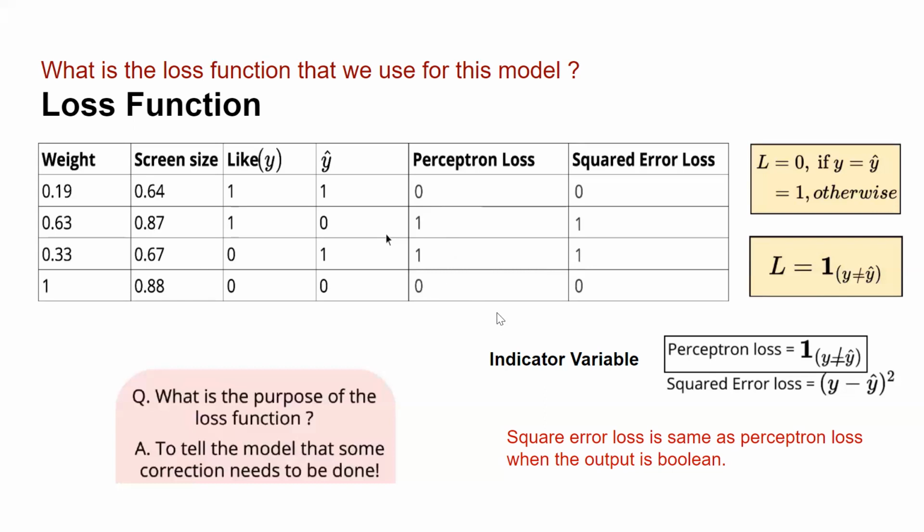Now, why do we use a loss function? This is something we answered in the previous class also: to check whether the performance of my model is good or bad. So if I give you 100 test cases and your perceptron loss is, let's say, 70, that means your model is accurate only 30% of the time. If your model is not doing any misclassification, what would your perceptron loss be? It would be 0.